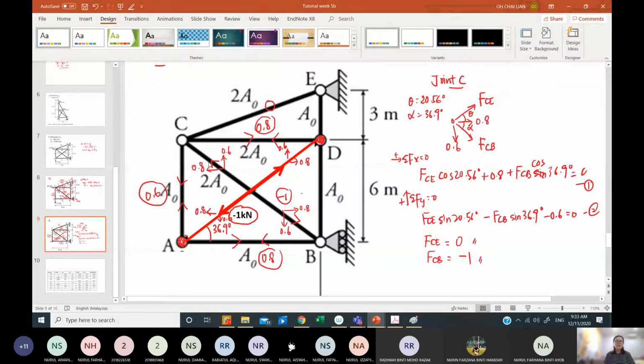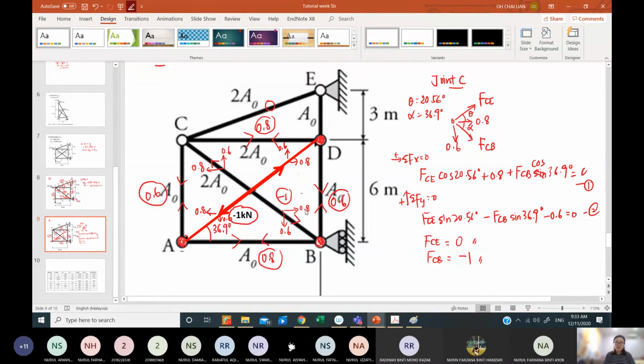Okay, so now we can solve for the vertical. We can solve for B now. The vertical component left is 1, which should be 0.6 here, tension. Am I right? Yes.